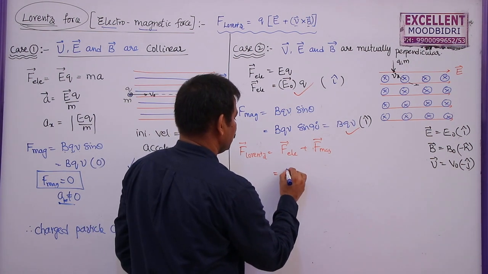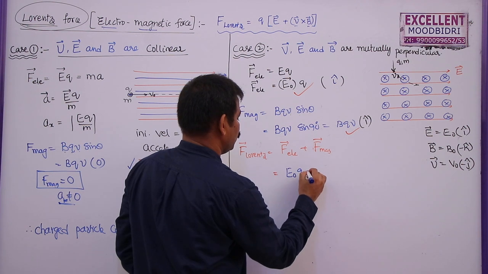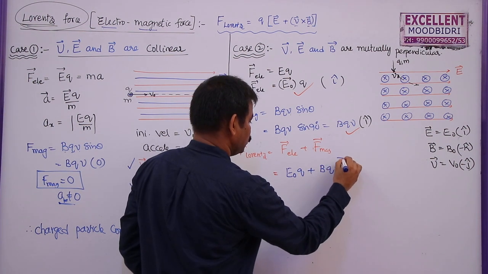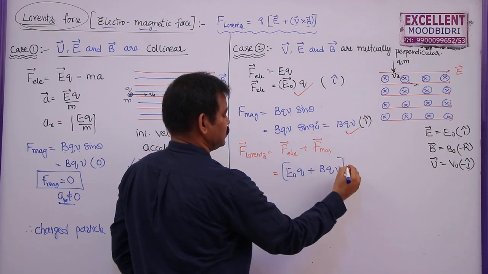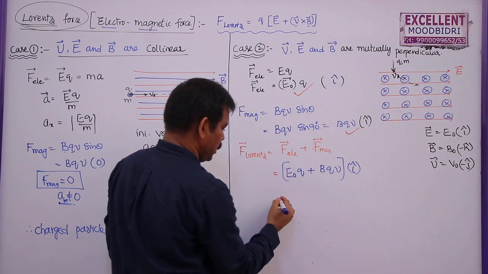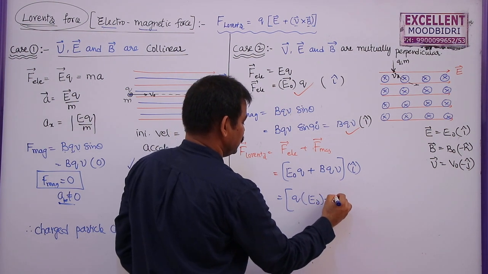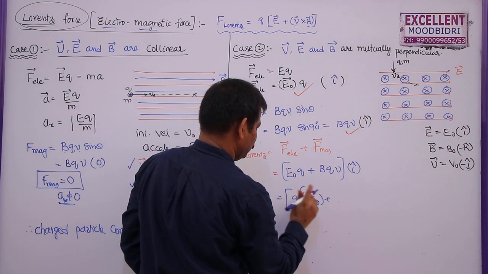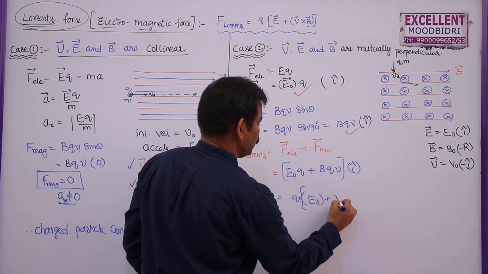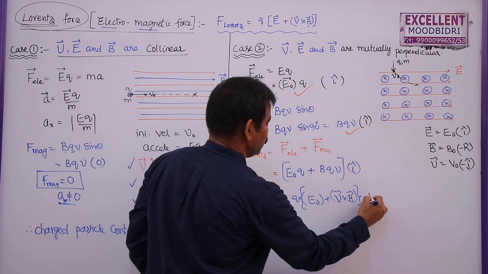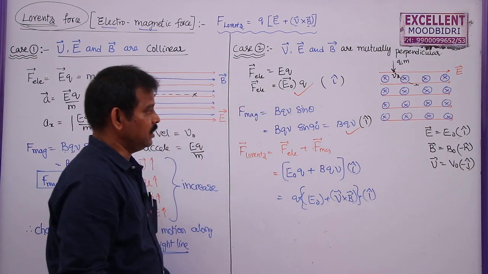This will be E naught Q plus BQV. So both are acting along I axis, that is x axis, I cap, or you can take a Q common. This is E naught plus V bar cross B bar. This is the expression which is acting along x axis.